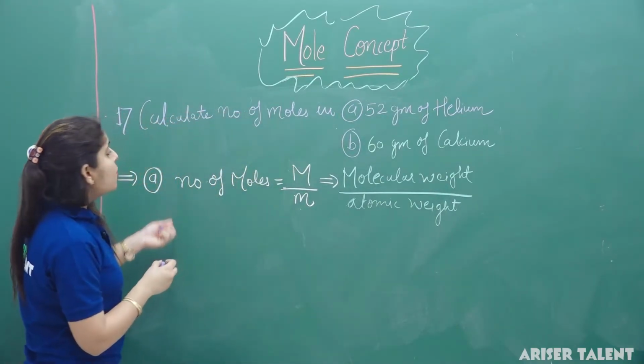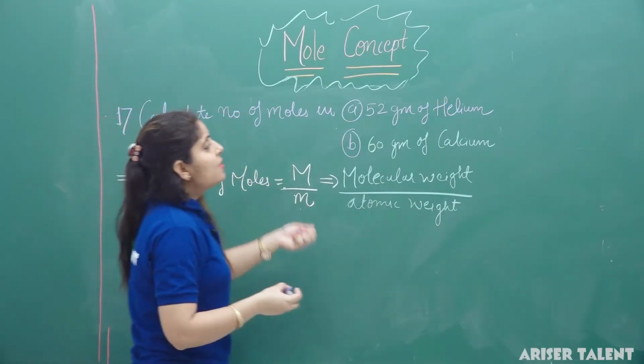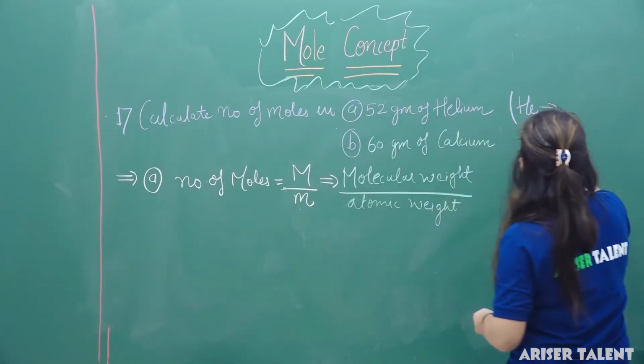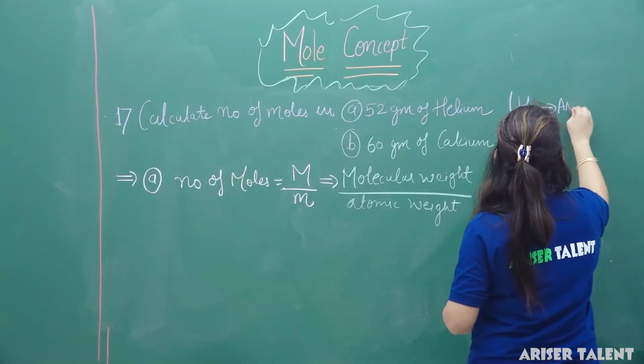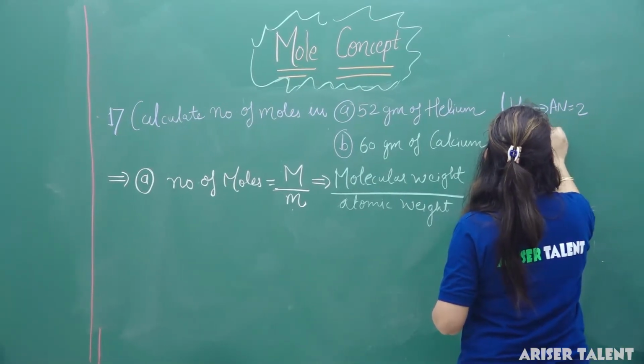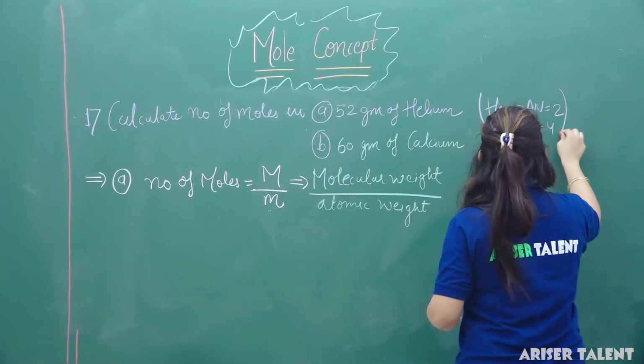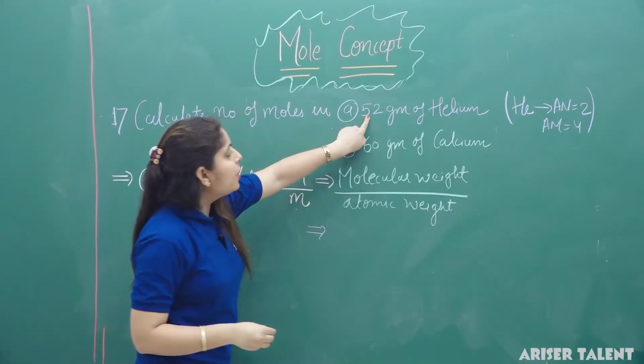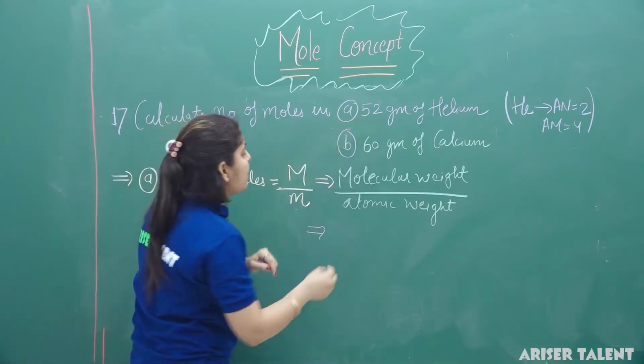Now, number of moles can be calculated as we know, in helium gas, its atomic number is 2 and we have atomic mass of 4 over here. So we have to calculate the number of moles in 52 gram of helium.